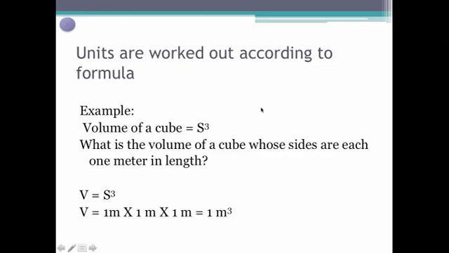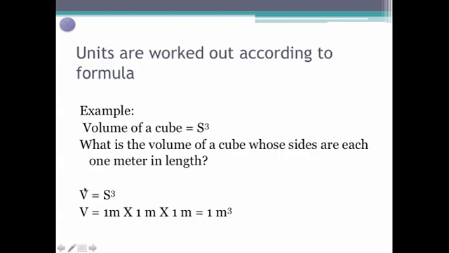All right, the last thing I want to point out, which I've alluded to already, is that when you're working with these units and doing calculations, it's important that you get the right units at the end of your calculation. So if you're multiplying units together, then you summarize them as some power. Let me illustrate it again by example. Let's say that you're working out the volume of a cube, and you know the formula for the volume of a cube is the side cubed.